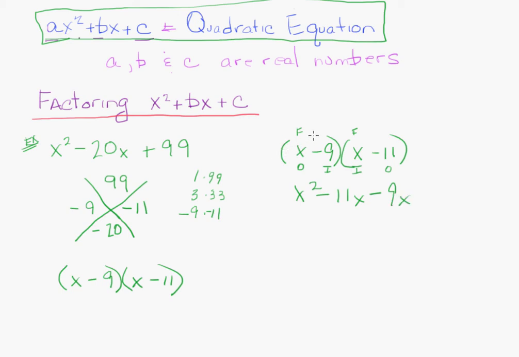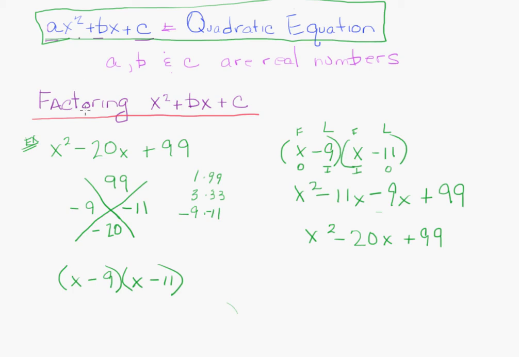And finally, if I multiply the last, negative 9 times negative 11 gives me a positive 99. When I finish, I'm going to simplify the two middle terms, and I get x squared minus 20x plus 99.